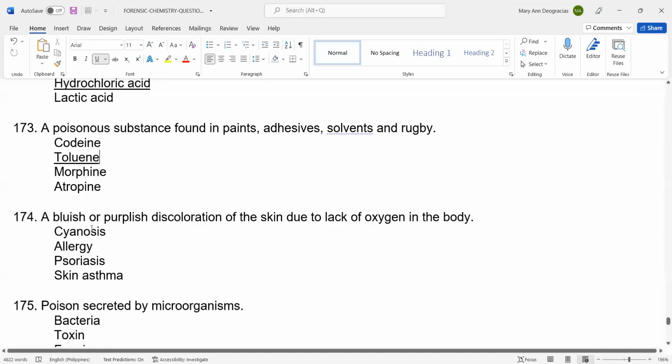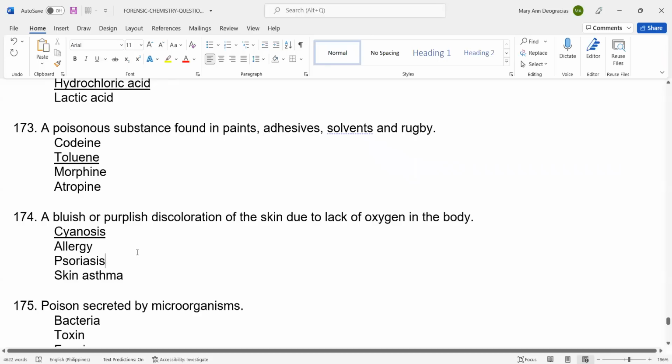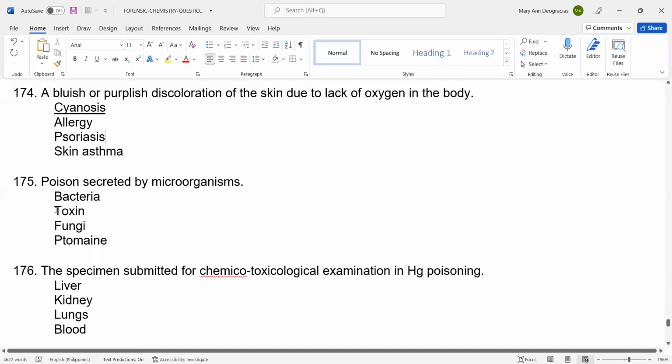Pagka kulang tayo sa oxygen, hindi nare-regulate yung flow ng oxygen sa katawan natin, meron tayong mga pantal-pantal. We call that as cyanosis. Okay, poison secreted by microorganisms. Okay, like yung red tide. Okay, it is called toxin. Hindi siya bacteria, kundi toxin.